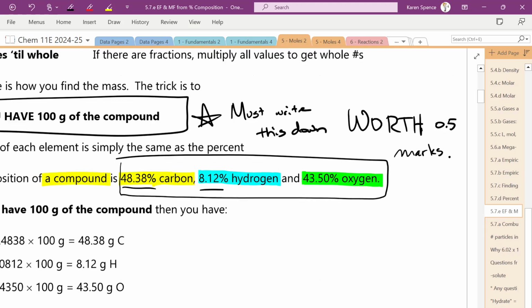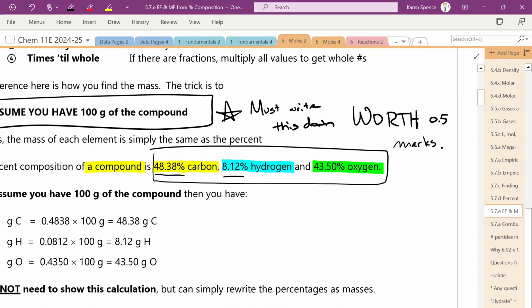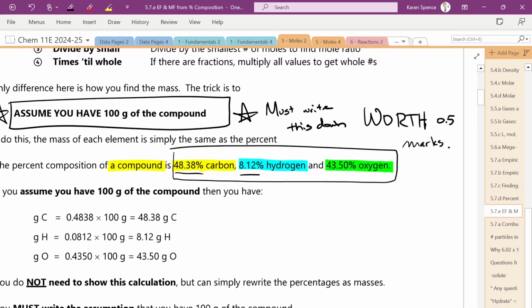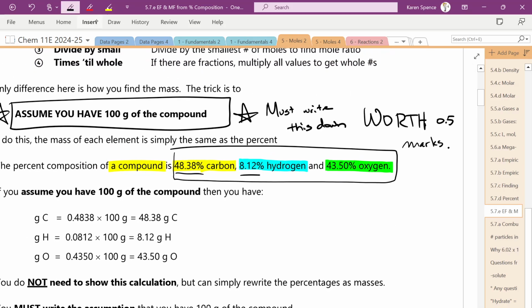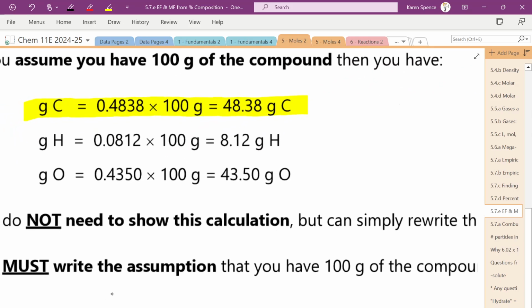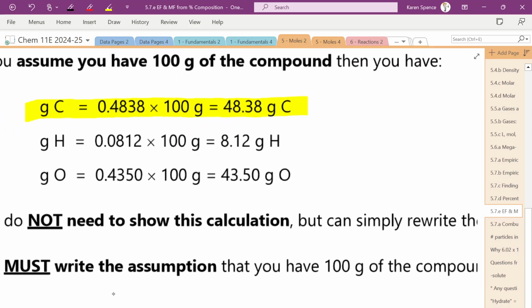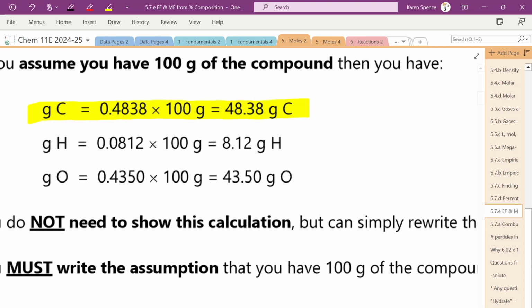Now, this next step, you don't actually need to show this bit here, where you actually say, okay, my grams of carbon is 0.4838 times 100 grams equals 48.38 grams. You can just rewrite the percentages as grams. Okay, so you don't have to show this. You do not need to show this calculation up here.